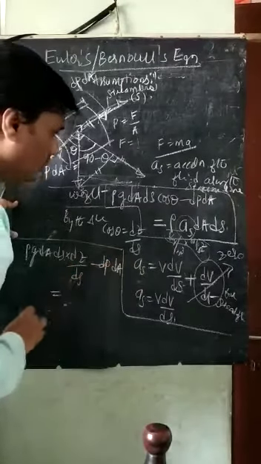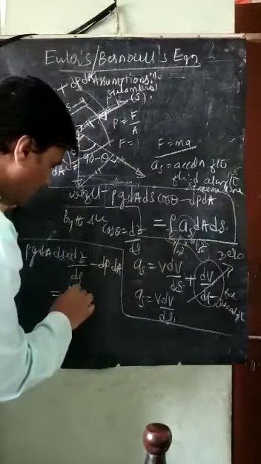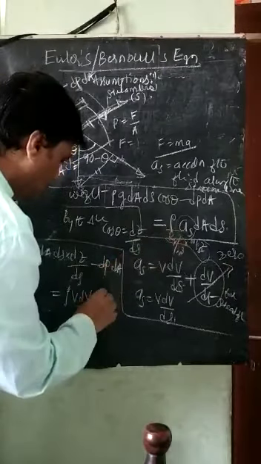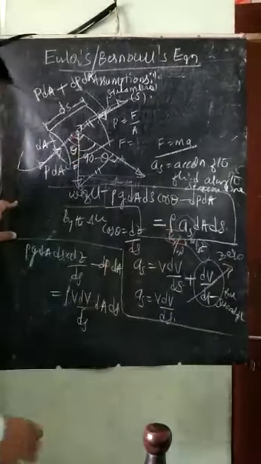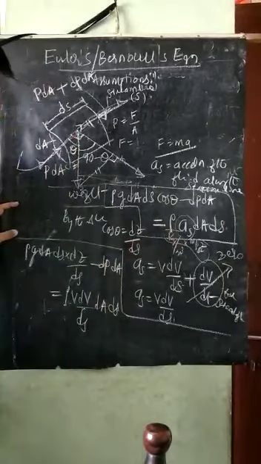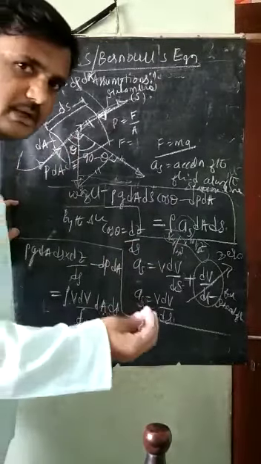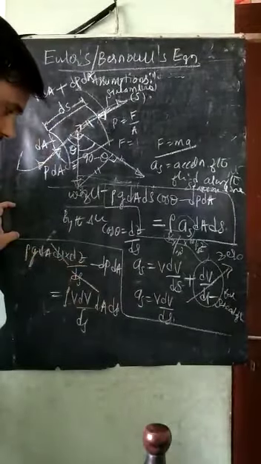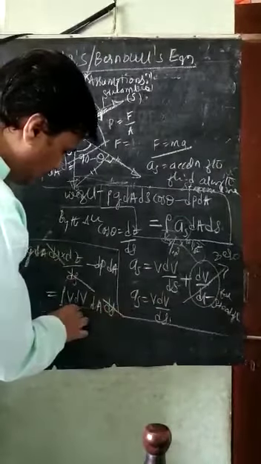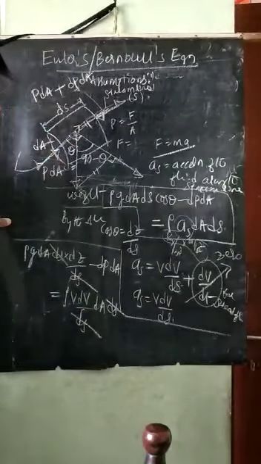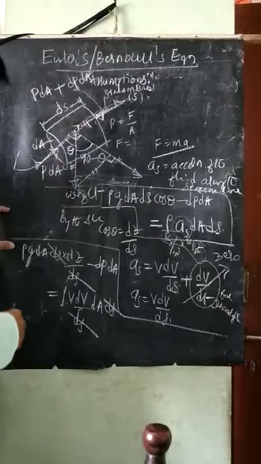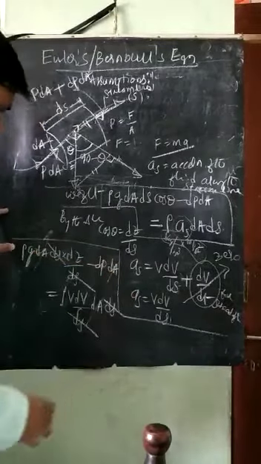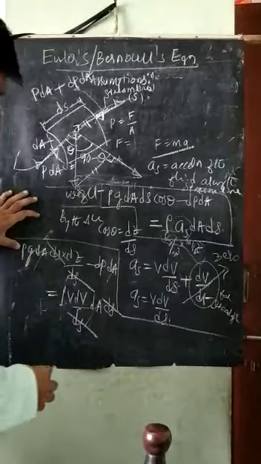This is equal to rho into AS, which is V dV by ds, into dA into ds. For mathematical simplification, the ds cancels on both sides, and dA is common in all the terms, so it cancels. What is left here?